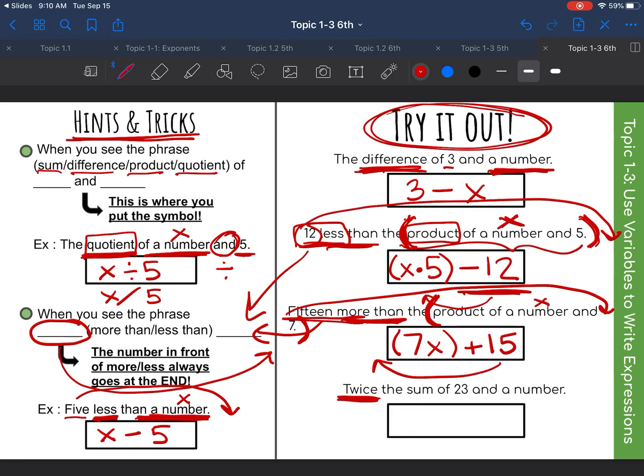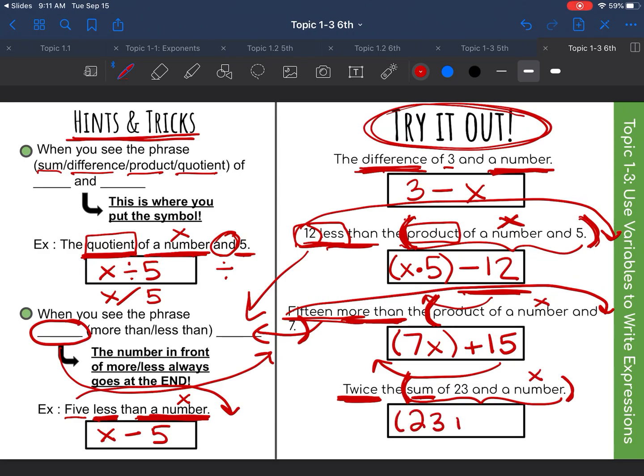And then lastly, twice. When we hear the word twice, that means we're multiplying by what number? We're multiplying by 2. So twice, and then it says the sum of 23 and a number. So let's focus on that. The sum of 23 and a number. A number is X, unknown. The sum stands for addition.